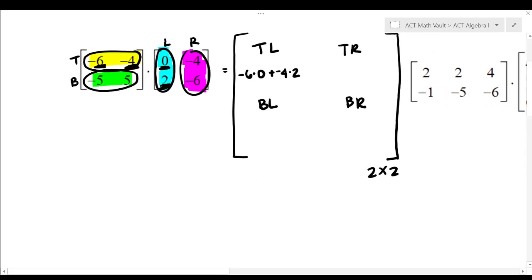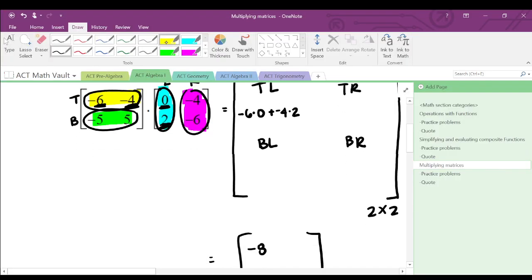So that will give me 0 plus -8? That is -8 as the final. So I'm going to keep doing this process. If I wanted to be careful here, I would do the -6 and the -4 in yellow, and the 0 and the 2 in blue, so that it jumps out at you.